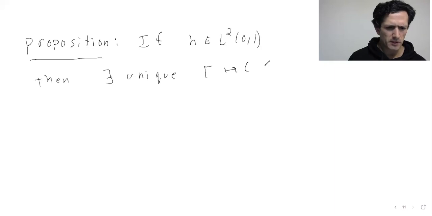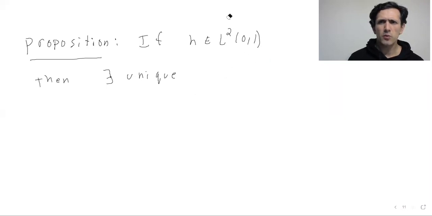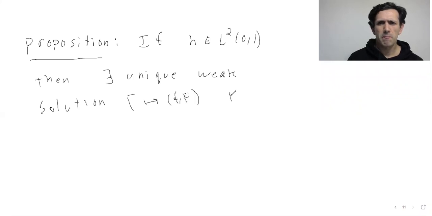Sorry, I should say there's a unique weak solution, little f and big F, gamma basically is little f and big F, to star star.